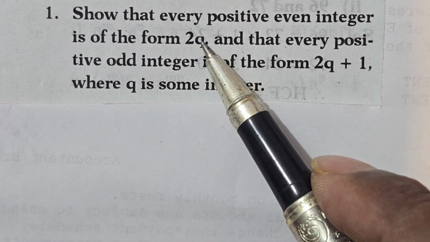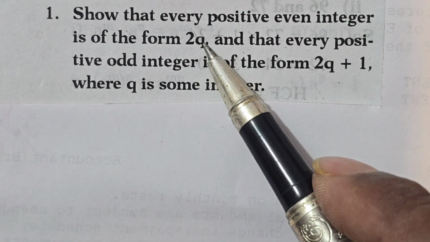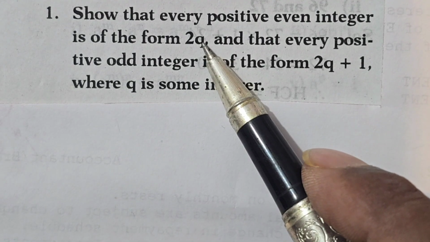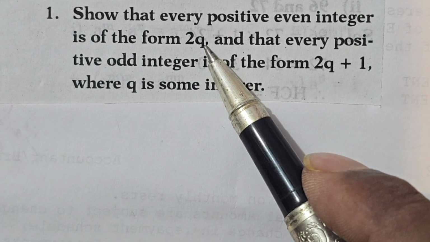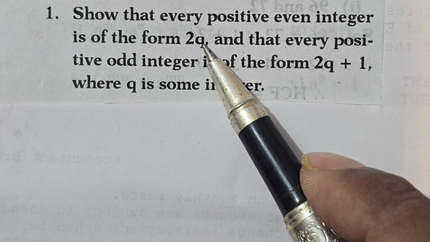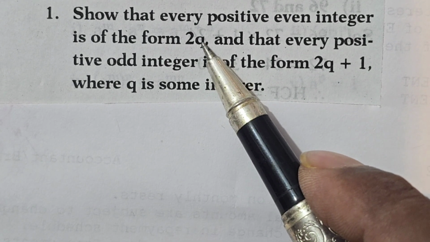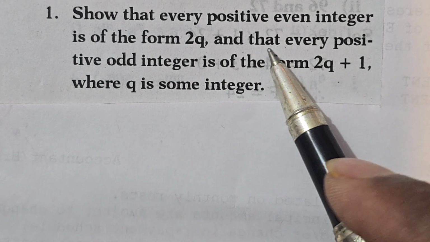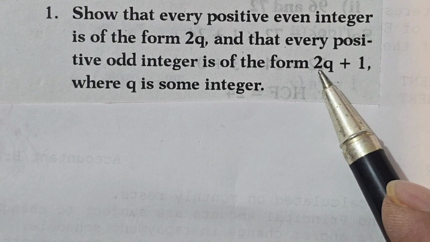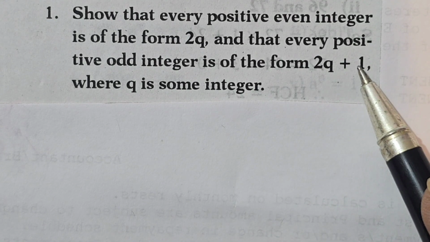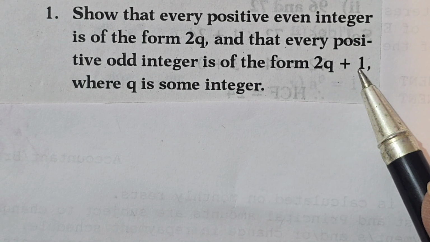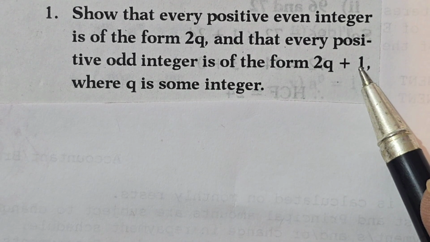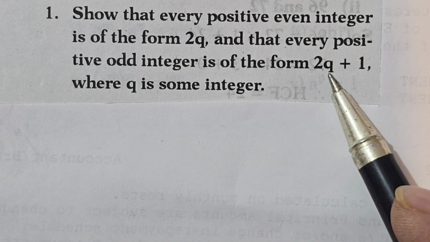If you take q equal to 1, 2 into 1 gives 2. For q equal to 2, 2 into 2 is 4. For q equal to 3, 2 into 3 is 6. So 2, 4, 6, 8 are the even integers. And 2q plus 1 means 2 into 1 plus 1, that is 3. 2 into 2 is 4, plus 1 equals 5. These 3, 5, 7 are called odd numbers.